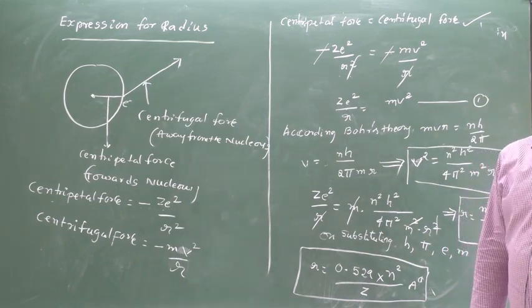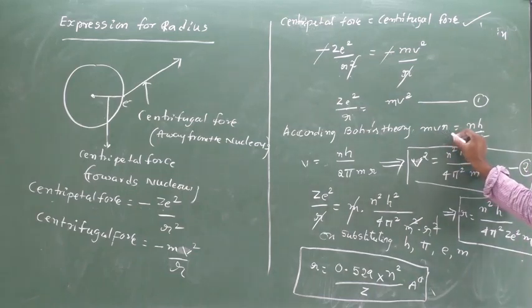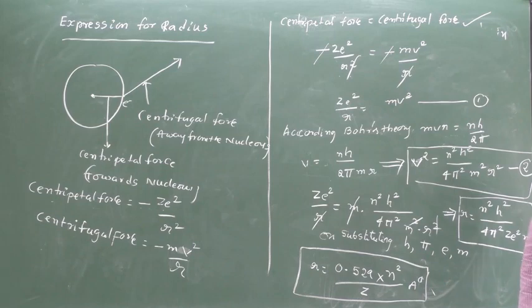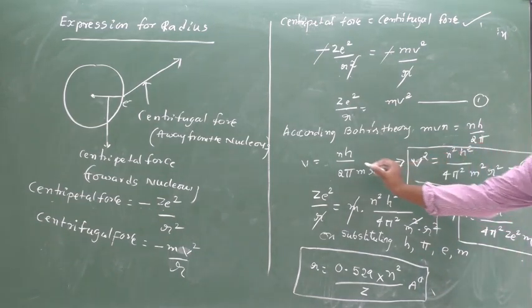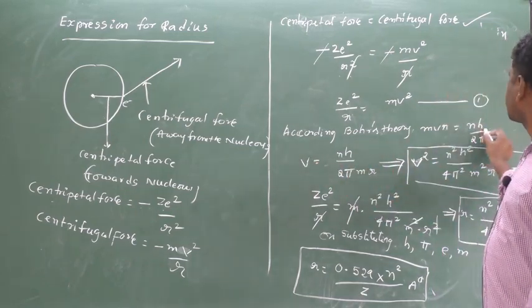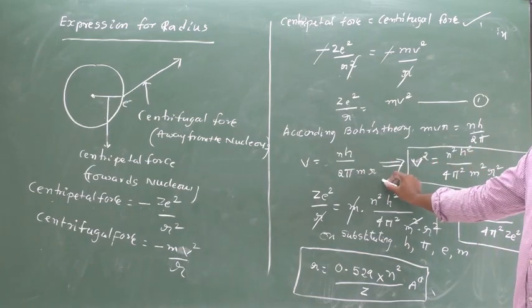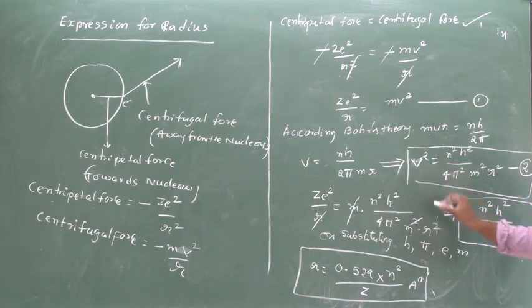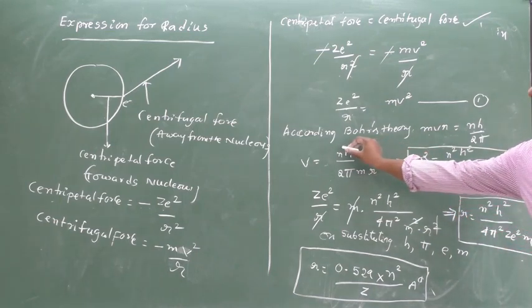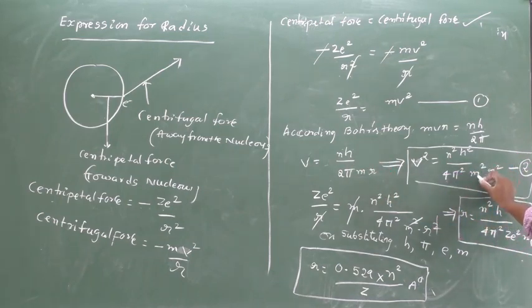But according to Bohr's theory, mvr, the angular momentum of an electron, is equal to nh by 2 pi. We want v, so we will separate v from this equation: v equals nh by 2 pi mr. On both sides squaring, we get v square equals n square h square by 4 pi square m square r square.